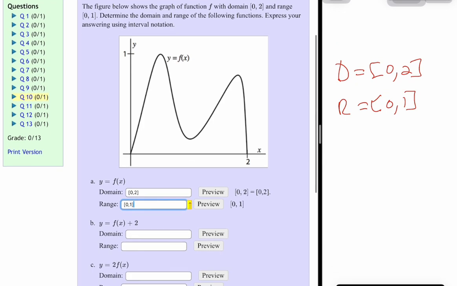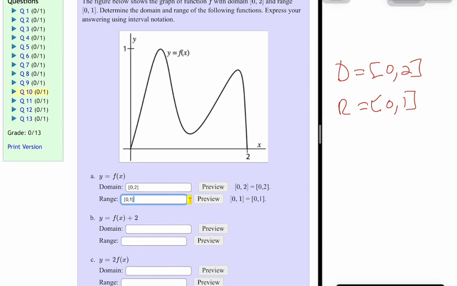Okay. Now, let's talk about B. In B, we have added 2 on the outside of the function. Do you remember what that does to our function? Makes it go up 2. So we have not changed the domain. We haven't touched the x, so it's still 0 to 2.